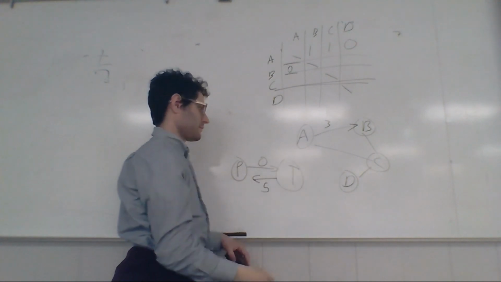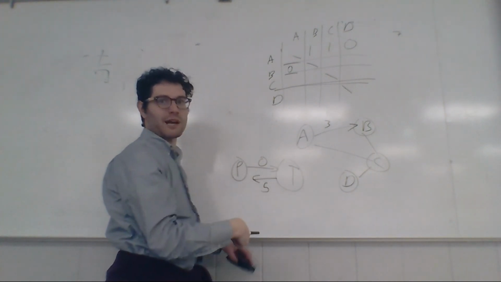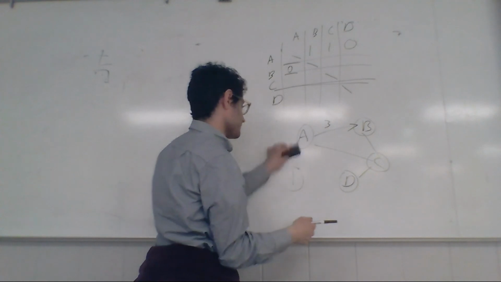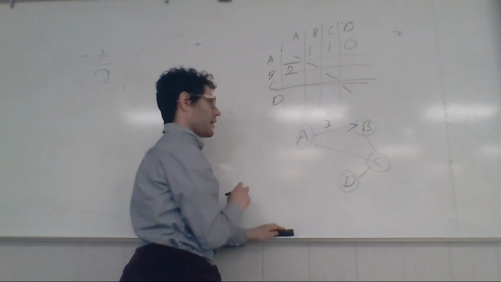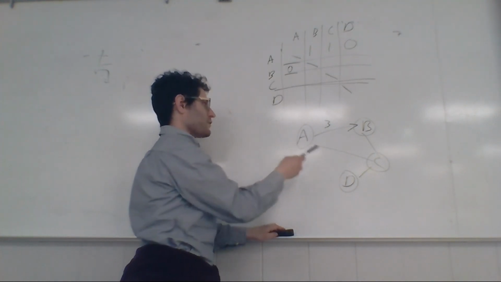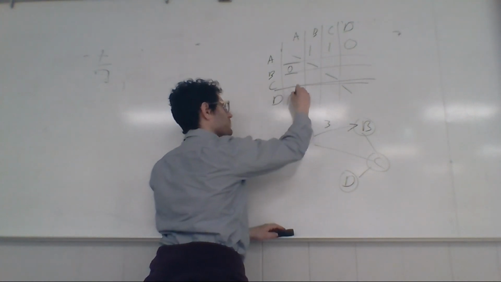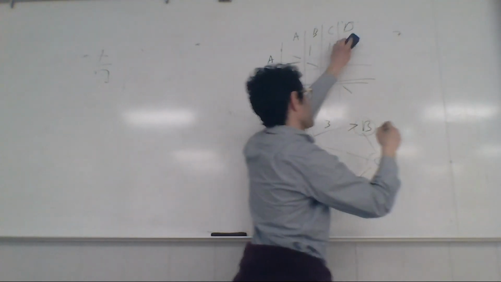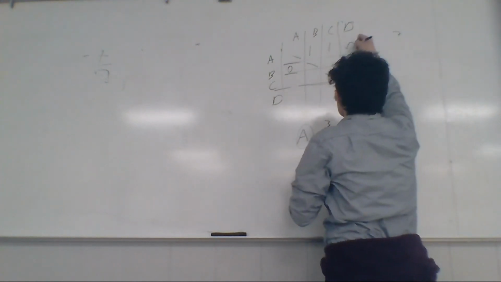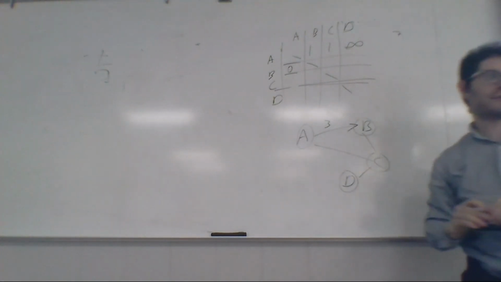It's possible to have different costs, and for one of them to be free. So if you don't have a relationship, what do you put for A to D? Instead of 0, we put positive infinity in a weighted graph.